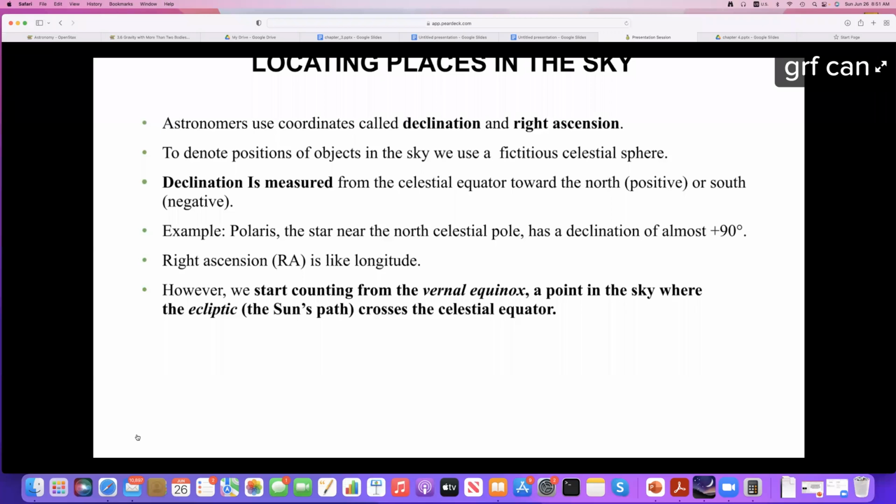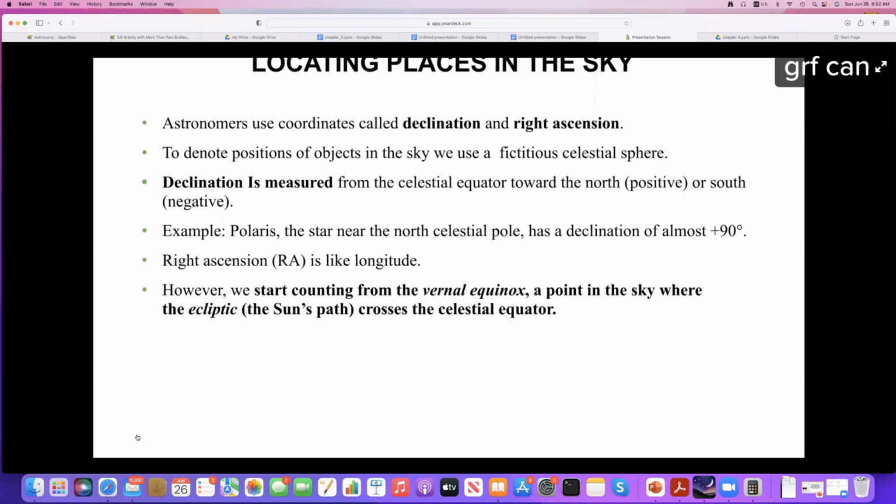These measurements are taken with respect to the celestial equator. Remember, within the first two lectures, I defined our celestial equator: that is basically the projection of our own equator to the sky, if you think about an imaginary sphere on the sky.